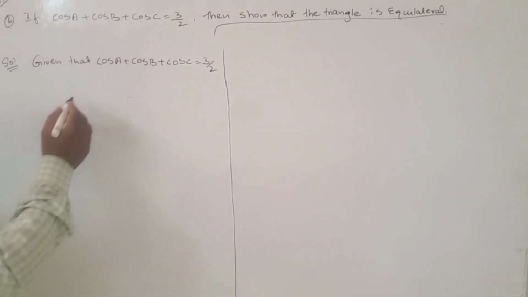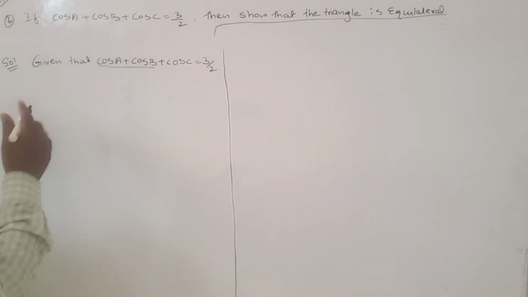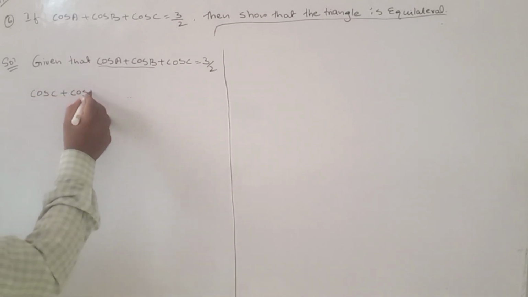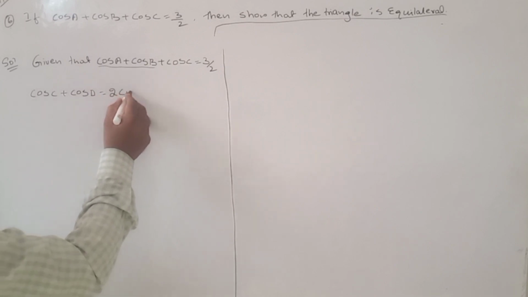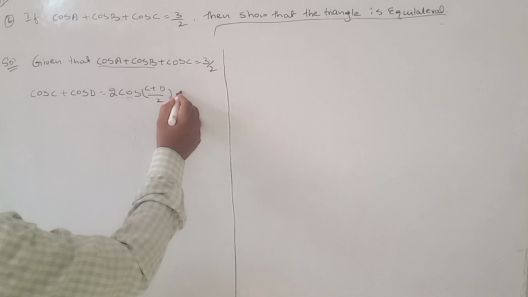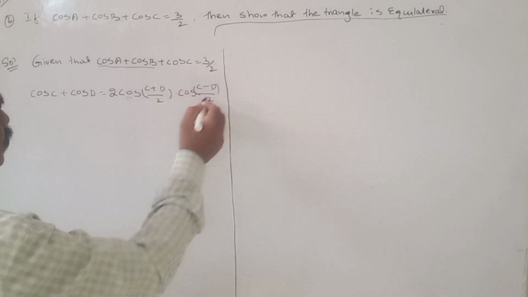So you see cos A plus cos B is in the form of cos C plus cos D, which is equal to 2 cos of (C plus D) by 2 into cos of (C minus D) by 2.